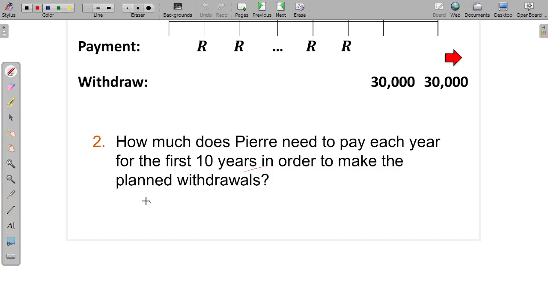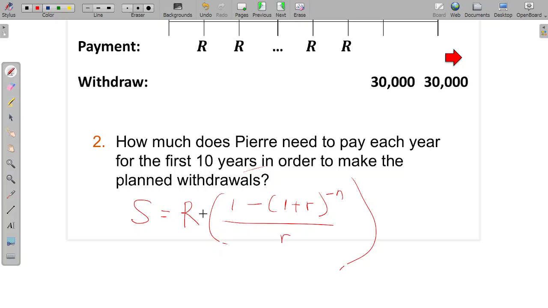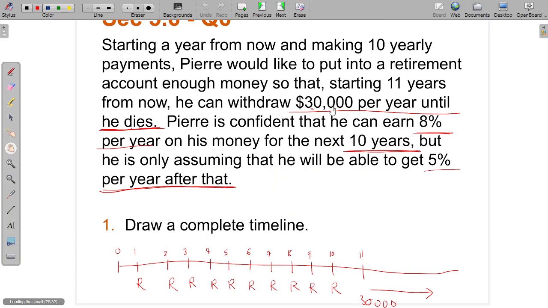for it. So we have the future value, and then we have the ordinary annuity formula, which is this, over r. Okay, so we are looking for R, but we don't know S. Whatever is put in there now is linked to what he will be withdrawing, which is 30,000 per year, for the rest of his life till he dies.